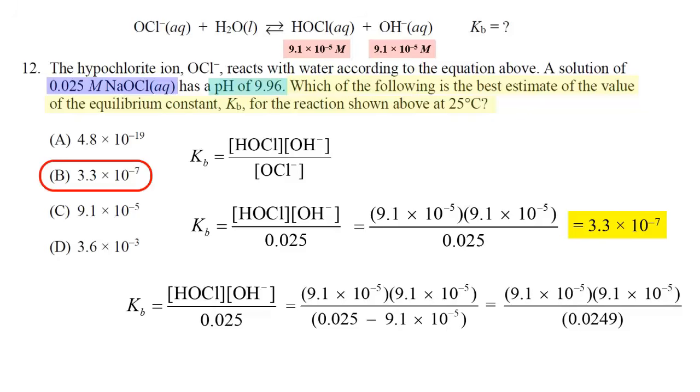This just proves the point that that minus x portion was relatively small compared to the concentration of this weak base, so that could be ignored when I'm solving for x, but you can see it did not significantly change the answer. So 0.0249 is very close to 0.025.